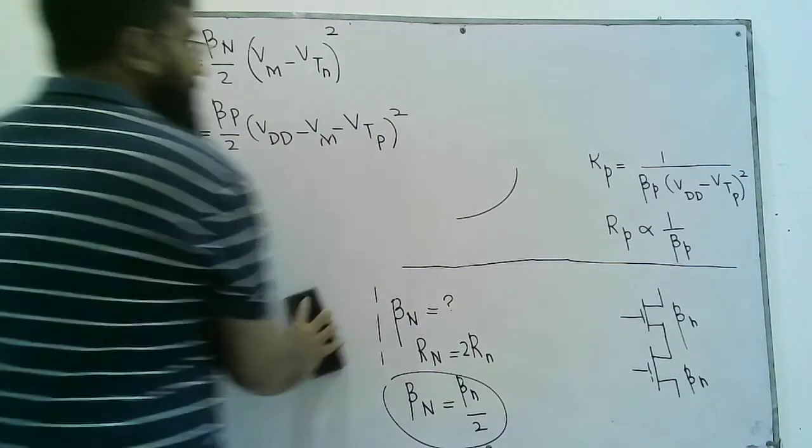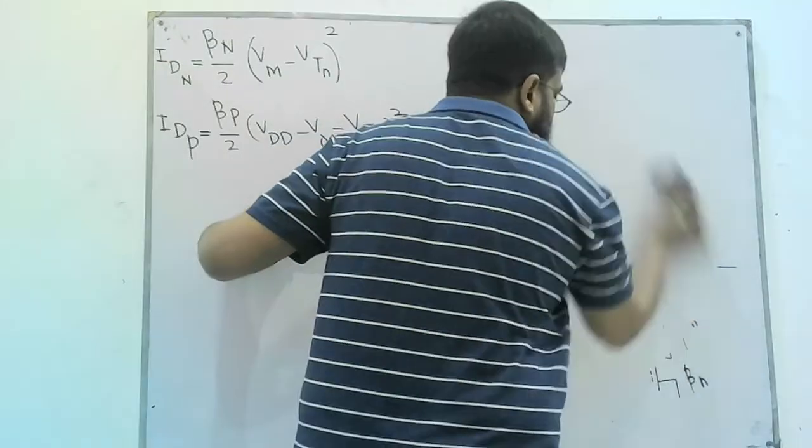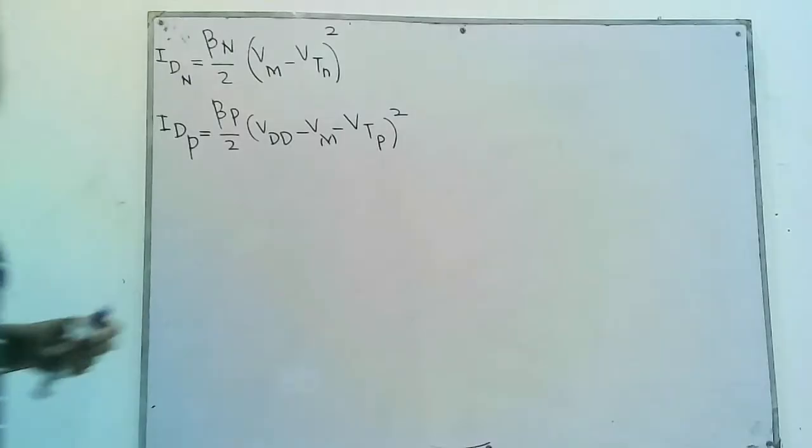We studied that when we apply Vm as the input, the output is Vm, and we have the same current flowing through both transistors.